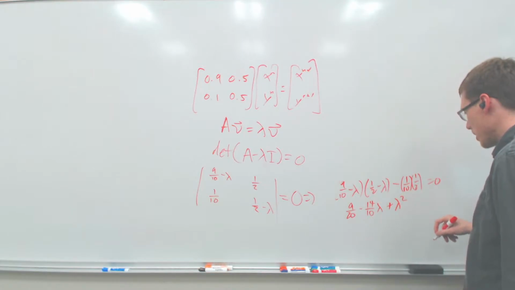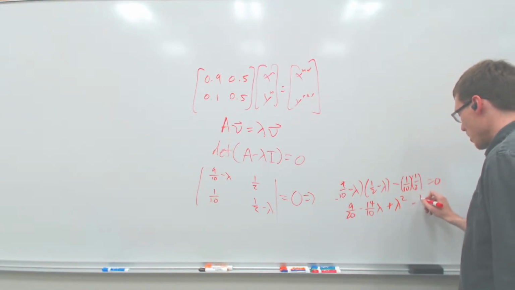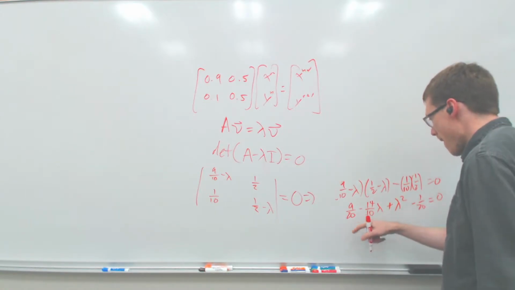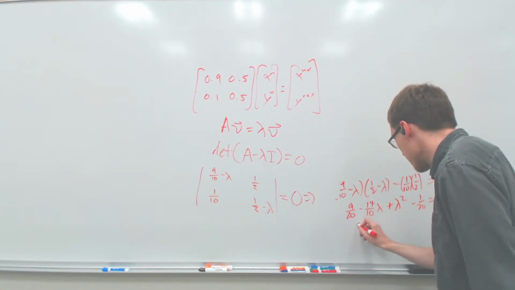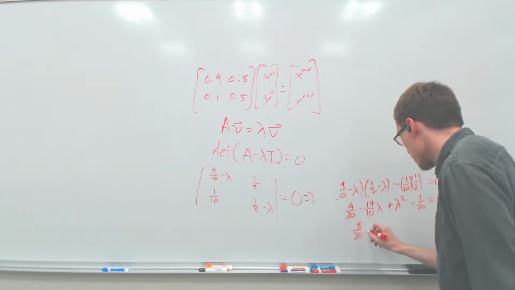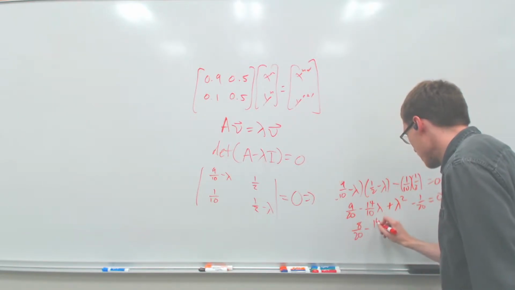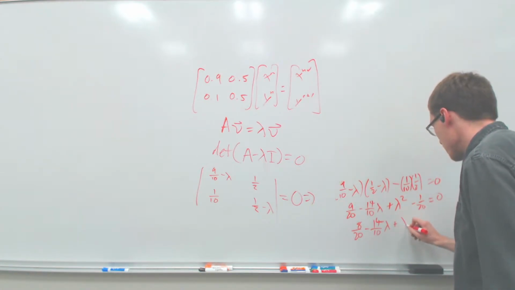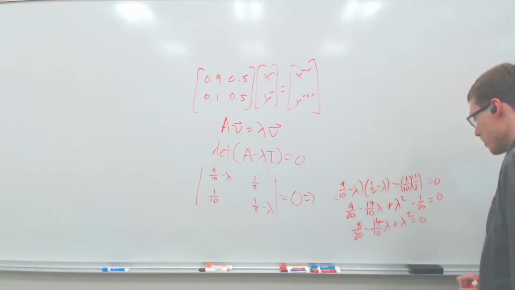And this is a minus 1/20. Has to be equal to 0. And so we should get 8/20 minus 14/10 lambda plus lambda squared is equal to 0.